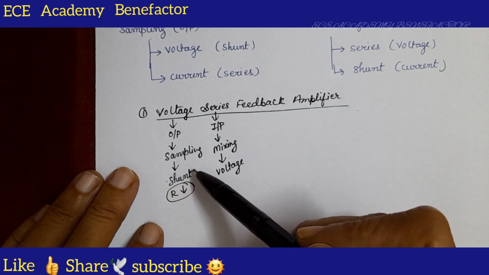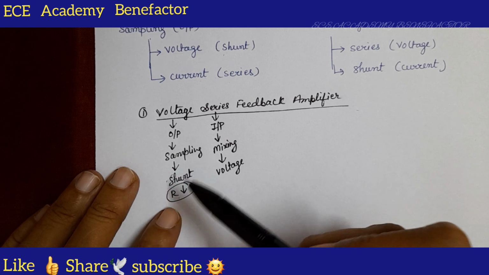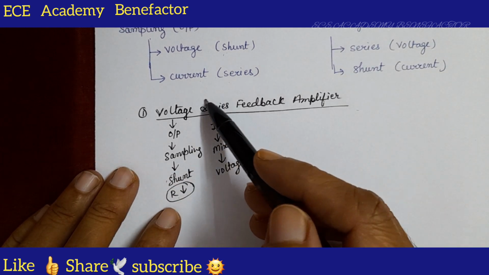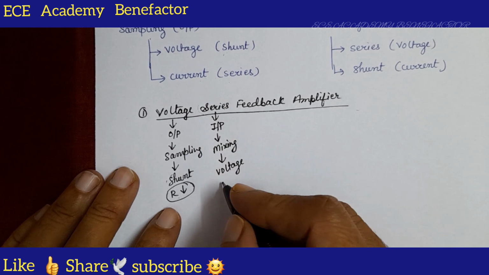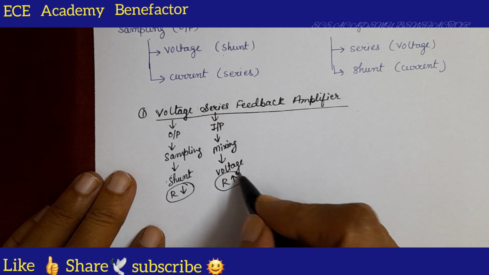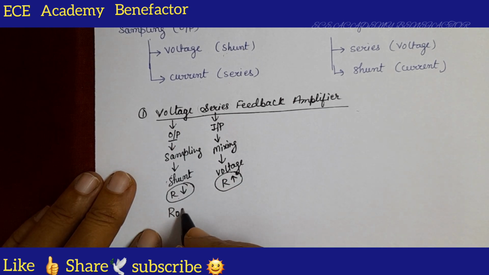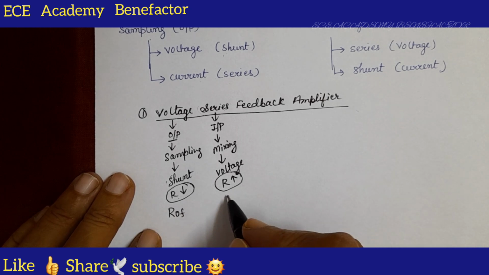Shunt connections, that is parallel connections. For shunt connection, the resistance reduces. At the input side, it is series connection. For the series, the resistance increases. This is how you can remember. So at the output side, you will have ROF. At the input side, you will have RIF.